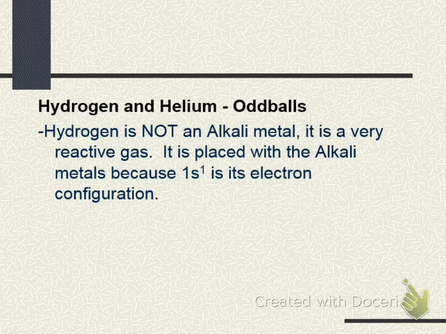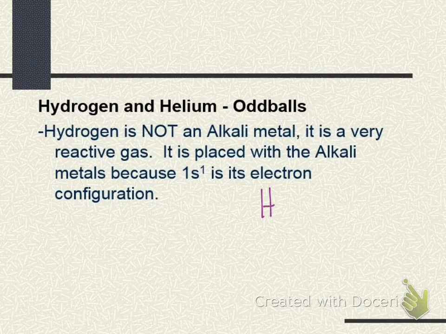Hydrogen is not an alkali metal. It is a very reactive gas, and it is placed with the alkali metals just because of its 1s1 configuration. It has many unique properties, including that most of its isotopes don't have a neutron. It's also the only element that, when it gives away its electron, which it likes to do, will have no electrons.